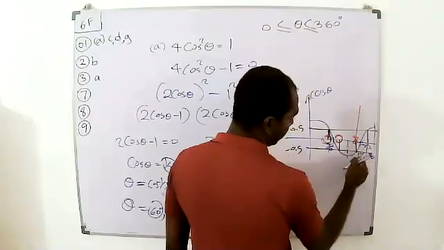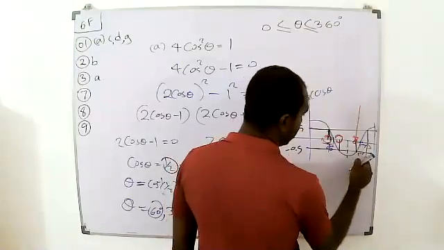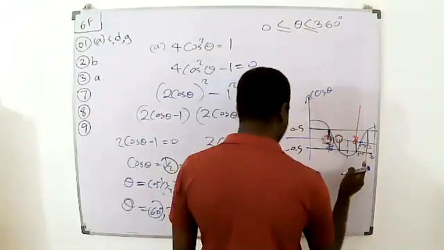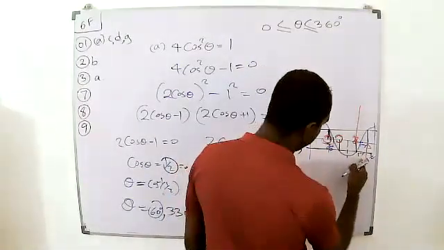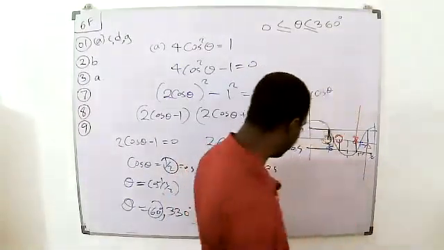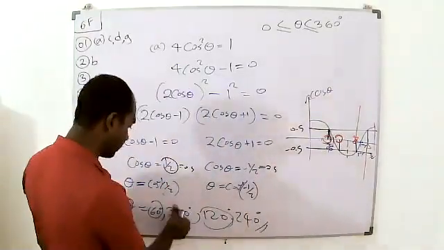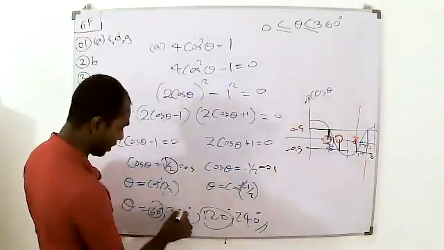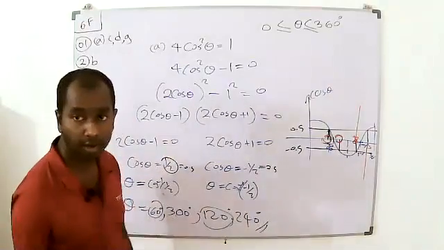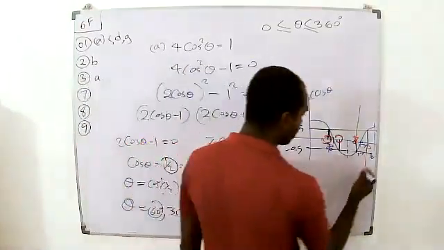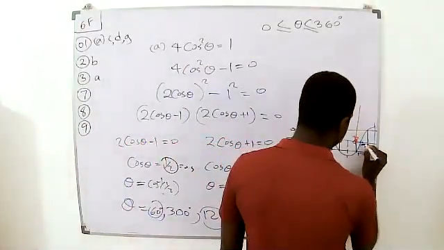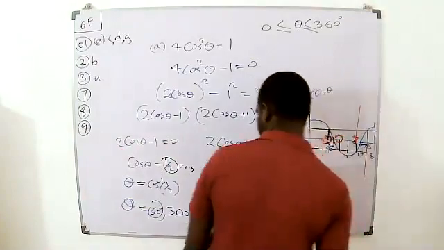So I know this value is 270. So 270 plus 6. Oh, wait. I think it should be 300, not 330. Should be how much? 300. Why? This gap is just 30 degrees. Thanks for asking.